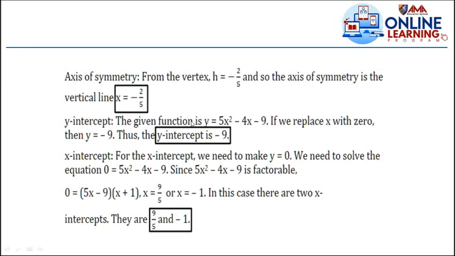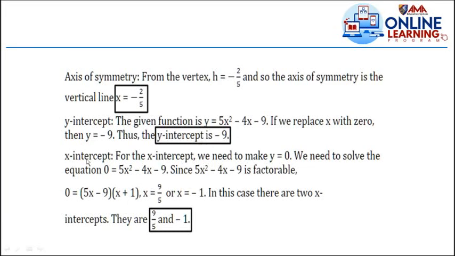The given function is y is equal to 5x squared minus 4x minus 9. To get the value of the y-intercept, we are going to equate your x into 0. So, that will be 0, and the y-intercept will be -9. So, thus, the y-intercept is -9.